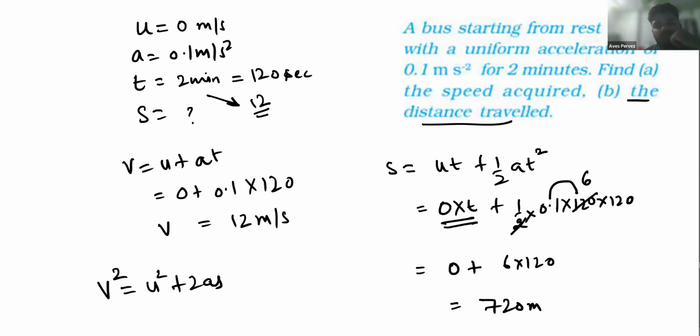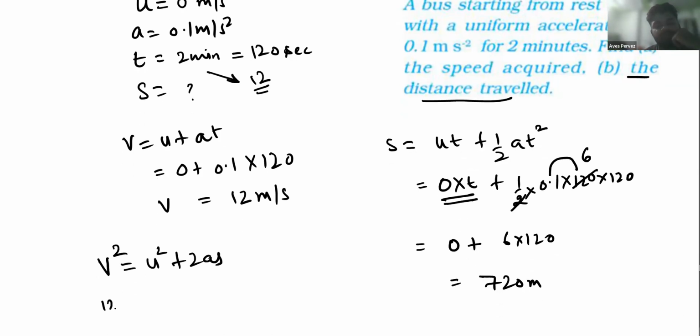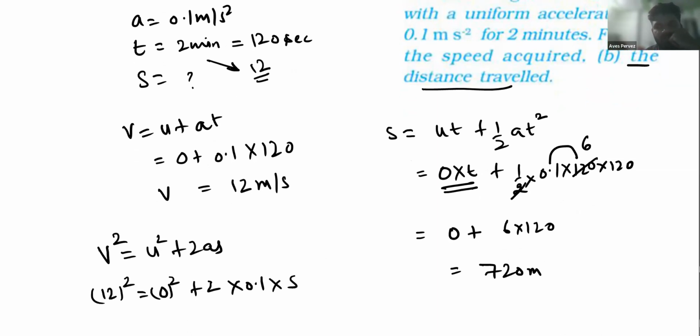Here you will have 12 square equals 0 square plus 2 into 0.1 into S. What will you get?